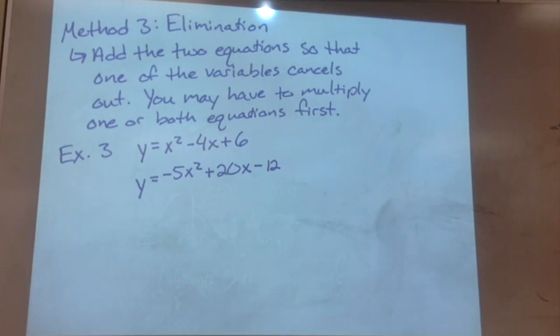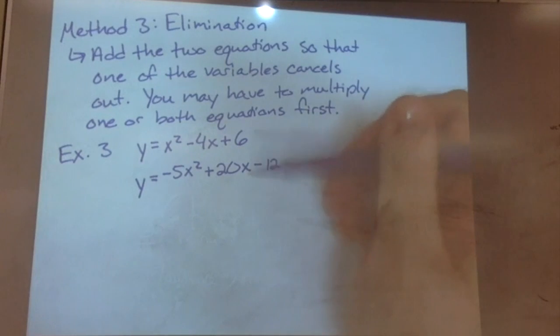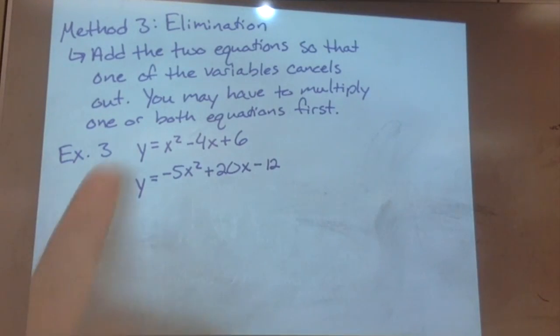Okay. So I have two options here. I could either multiply one of these equations by a negative 1, so I would end up with a negative y, and when I add them together, the y's would cancel out.